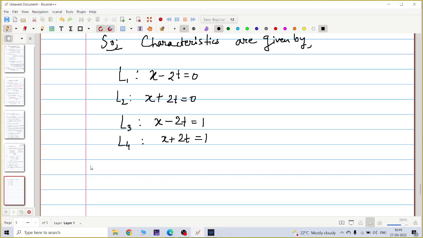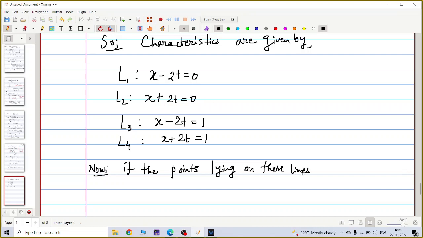So now let me write, if the points given in these answers lie on these lines, then these are singularities, right?